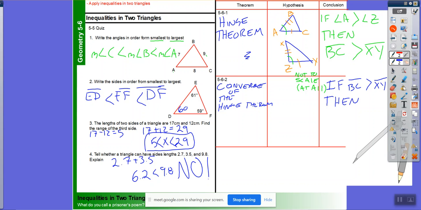A is greater than Z. Okay, so angle A is greater than angle Z. All right, so that's the Hinge theorem and the converse of the Hinge theorem.